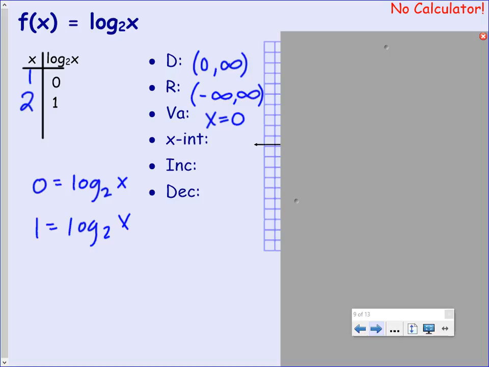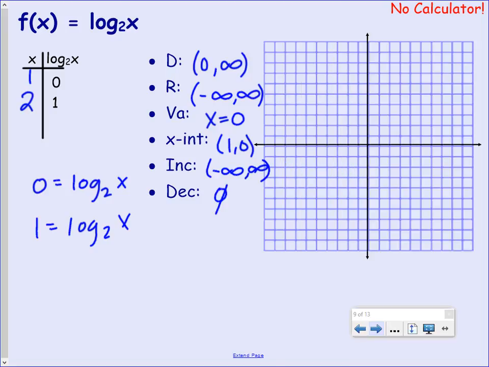And my x-intercept, we have no shifting, so it is that (1, 0). I'll go 1 to the right and 0 up or down, so I'll be on the x-axis. And this one has no shifting or reflecting, so I'm increasing over the whole graph, and there is no decreasing section. So I can answer those questions.